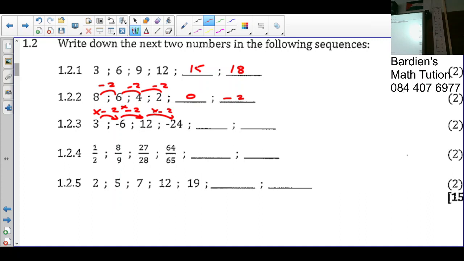Can you see that, people? 3 times negative 2 is negative 6. Negative 6 times negative 2, negative times negative is positive. 2 times 6 is 12. 12 times negative 2 is negative 24. Times negative 2 is going to give you positive 48, times negative 2 is negative 96.